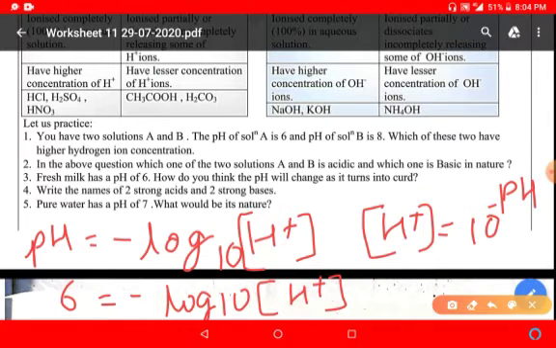By these formulas, we can find out the concentration of hydrogen ions through calculating this.